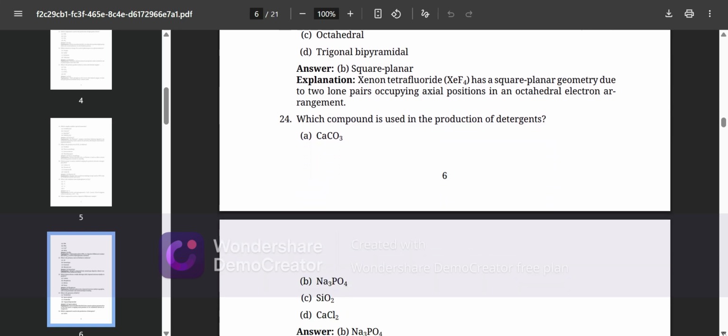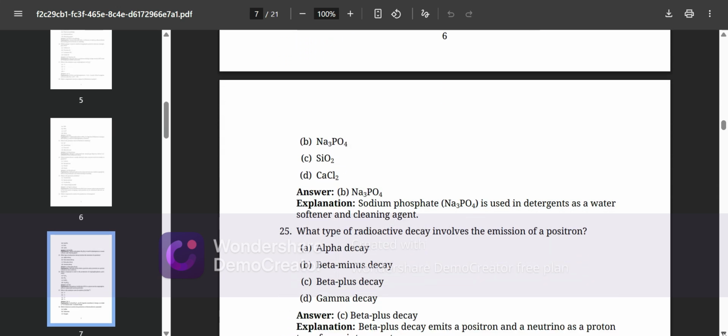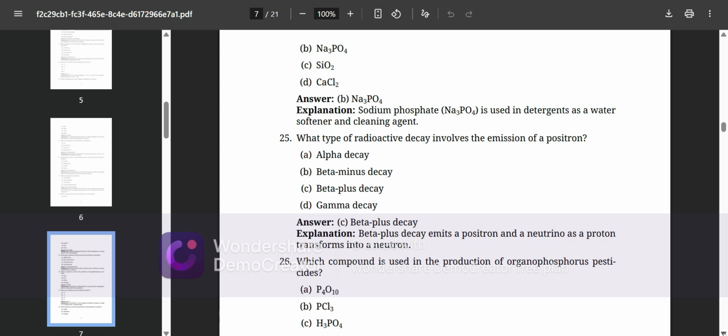Which compound is used in the production of detergent? Na3PO4. Sodium phosphate, Na3PO4, is used in detergent as a water softener and cleaning agent. What type of radioactive decay involves the emission of a positron? Beta plus decay.